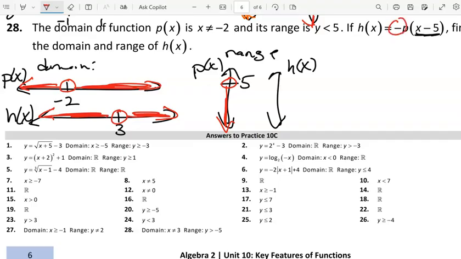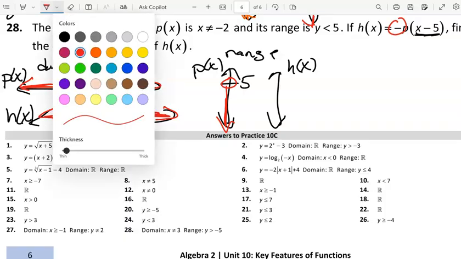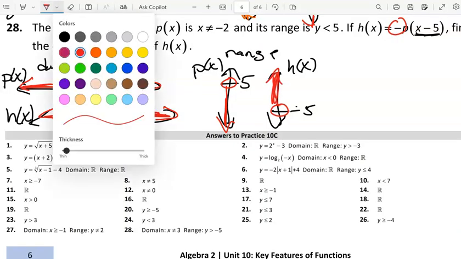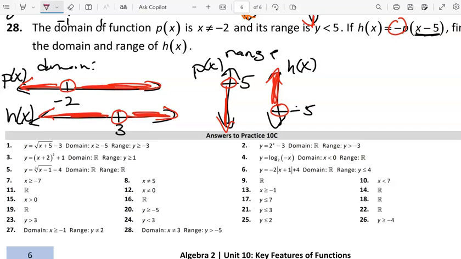And the transformation that's happening is a vertical reflection. So a vertical reflection will move that 5 to -5 on the number line. And the shading will now be upward. And so the domain and range of the transformed function h of x are x is not equal to 3 is the domain, and y is greater than -5 is the range.